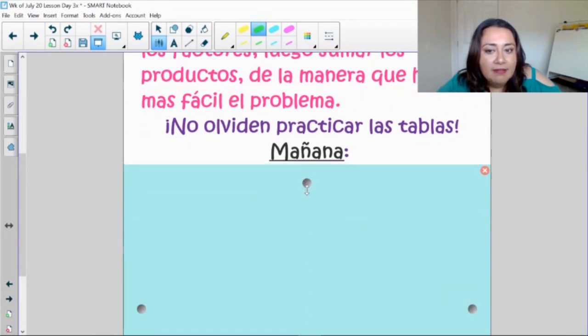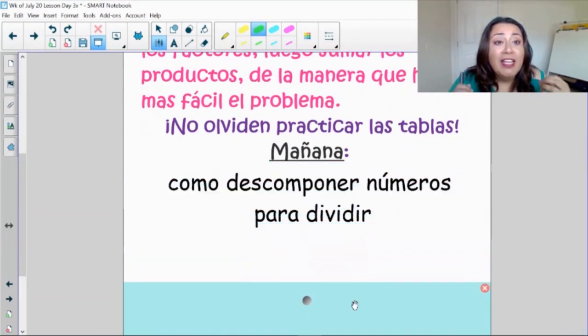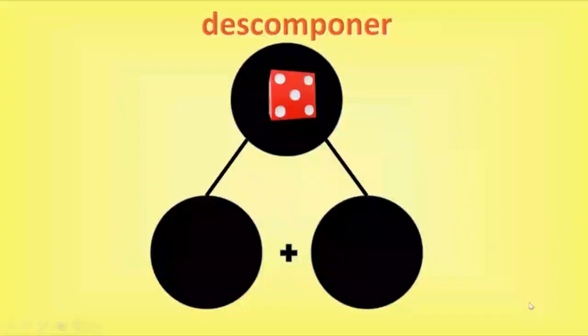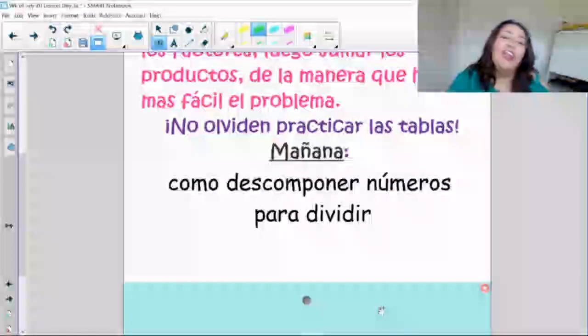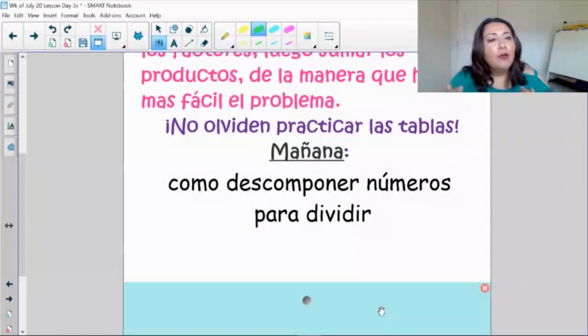Mañana aprenderemos cómo descomponer, separar en partes, números para dividir, porque esta estrategia funciona para dividir también, ya que las otras dos que les mostré realmente solo funcionan para la multiplicación.